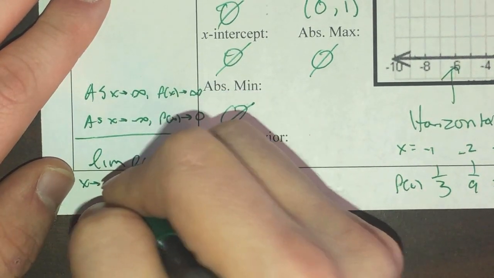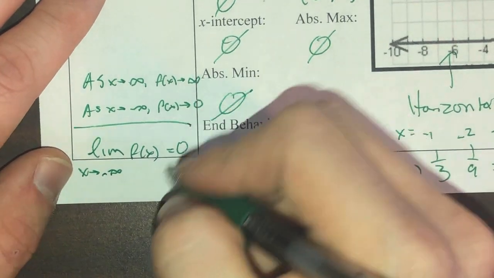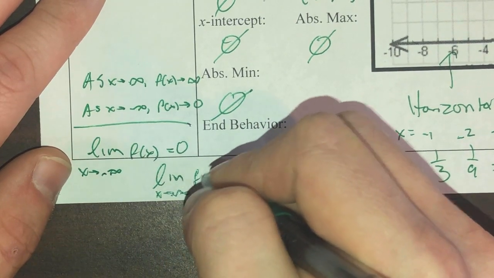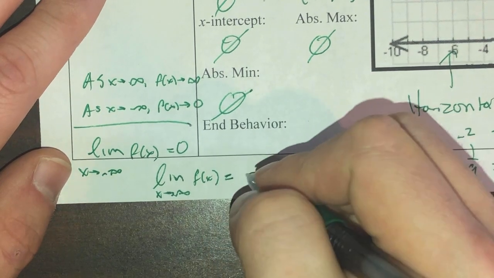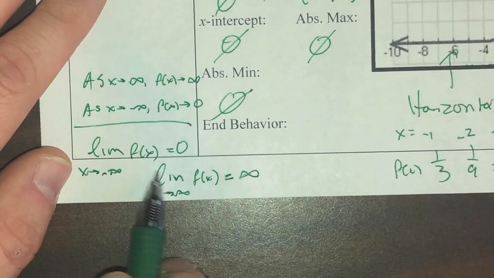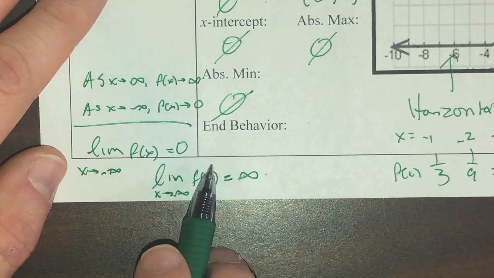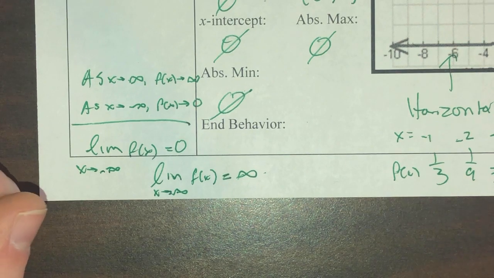So the limit as x approaches negative infinity of f of x, though it never obtains 0, we can make it arbitrarily close to 0 as x gets sufficiently large or small, either negative infinity or positive infinity. All right, infinite limits are really, really important. Okay?